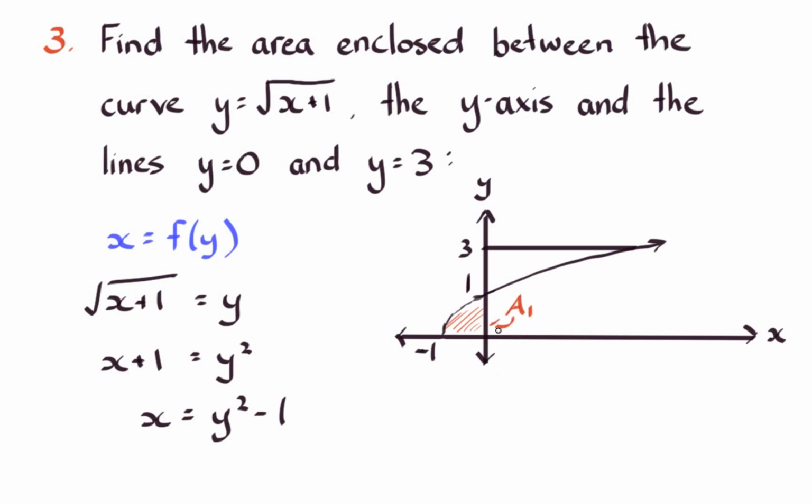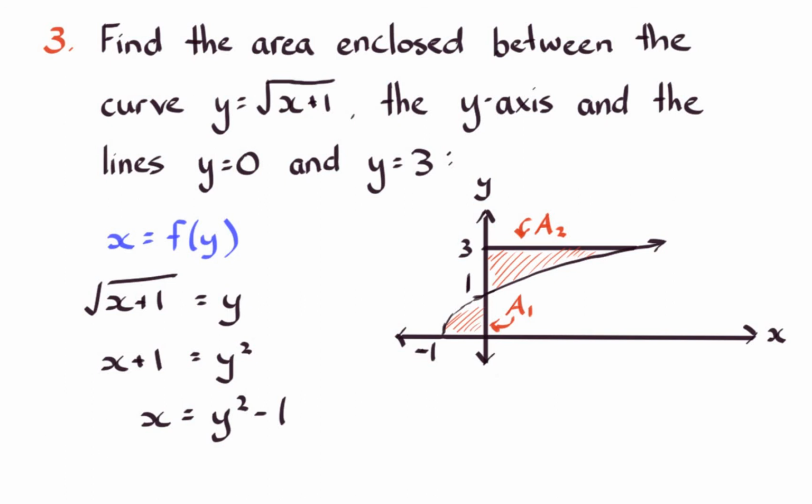Now we've got to remember that because this is to the left of the y-axis, we are going to get a negative definite integral. And then we have the second part, which we'll call area 2. This will give us a positive definite integral. Our total area is just going to be the sum of those two.